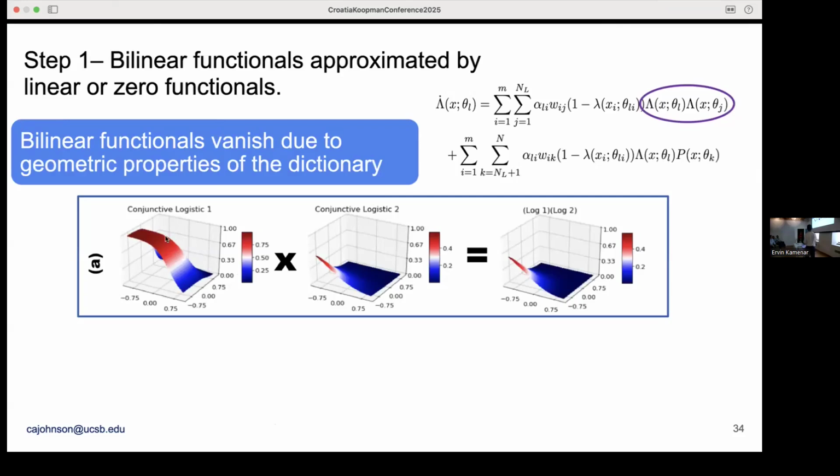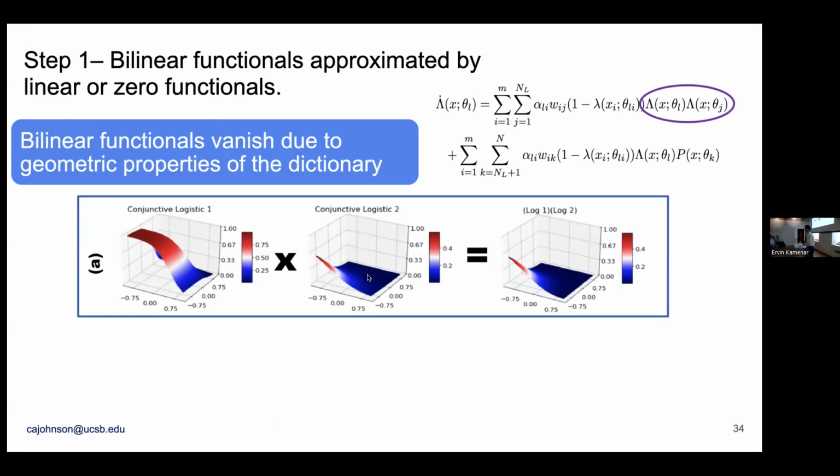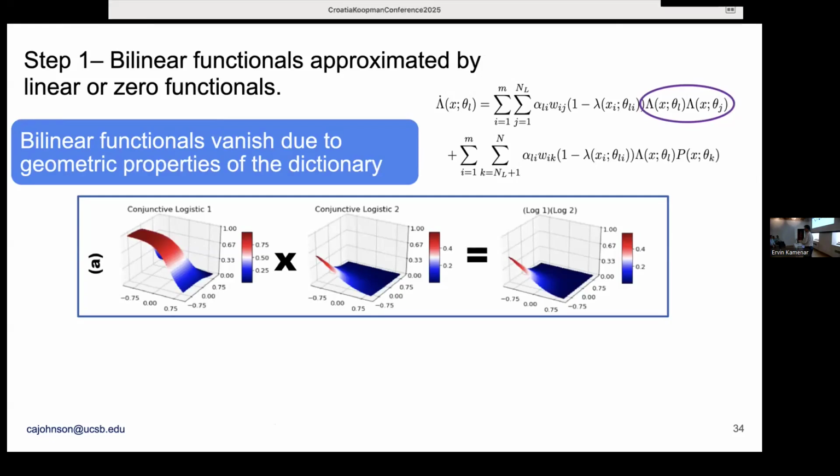Everywhere where this term hits a point where this has 0 support, or support with a 0 value, that just goes to 0. So everywhere where both terms are exactly on, these terms are reflected and repeated.